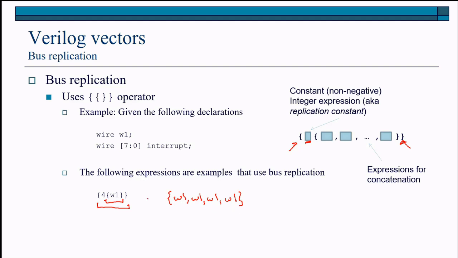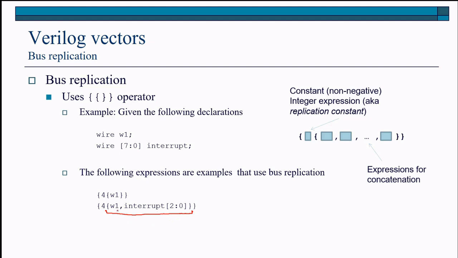So bus replication provides us with a compact way to do the same thing. And if, for example, the wire W1 holds the value 1, this expression evaluates to 1, 1, 1, 1, a 4-bit value. The next example involves taking the concatenation described here and repeating it 4 times.